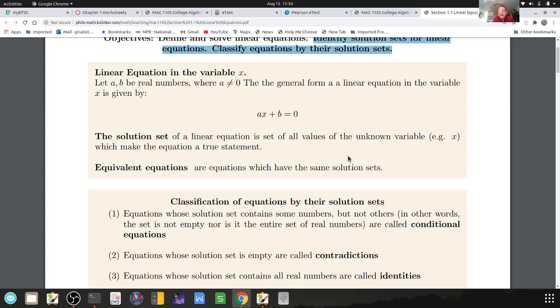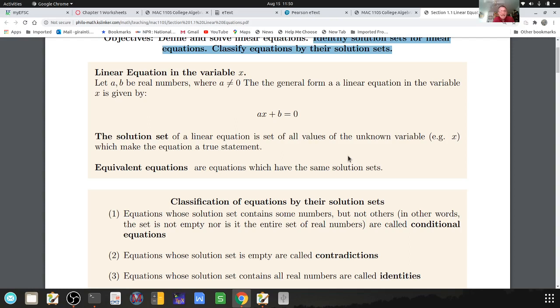And since most of our equations, that variable or unknown will be denoted by the letter x, I just simply put that in the definition. We can also have linear equations in the variable t, the variable s, the variable y. Any variable will work, but the example I'm giving you is a linear equation in the variable x.